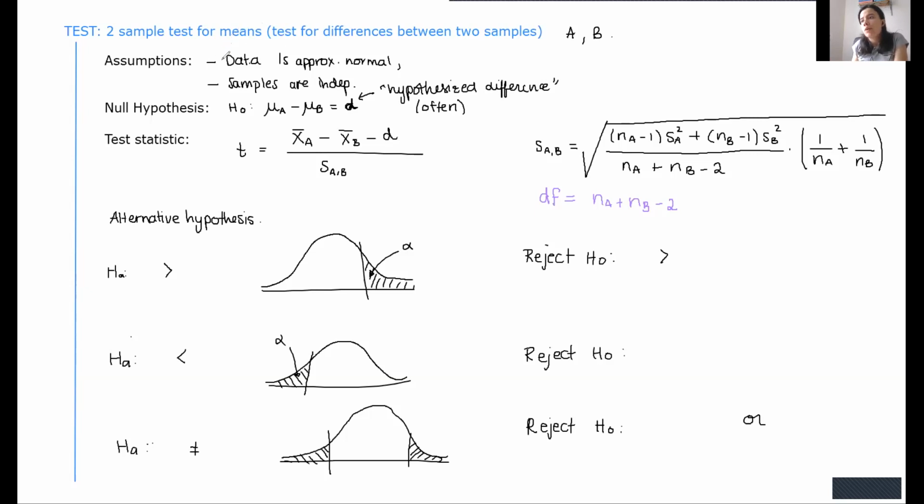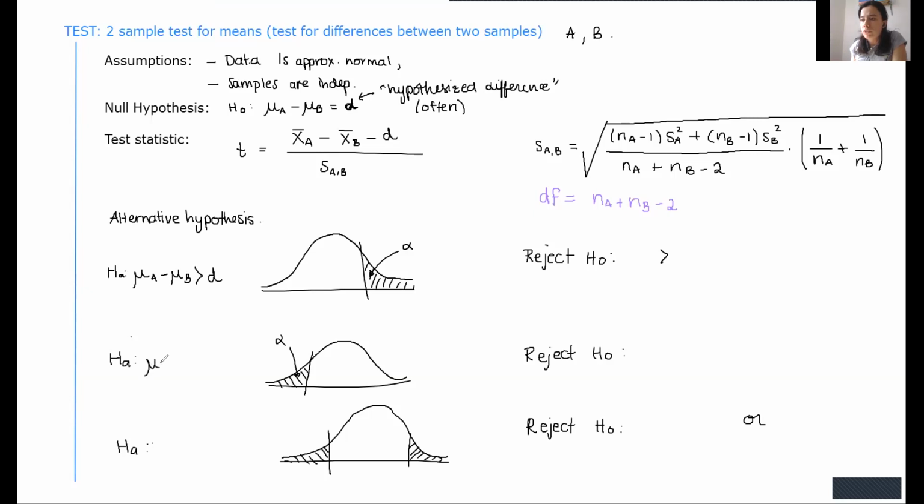All right, so what we're trying to determine is whether there's a difference between mu A and mu B, whether that difference is larger than D, smaller than D, or different than the value that we hypothesized it was equal to. And so we have different alternative hypotheses, which are mu A minus mu B. So maybe I'm trying to contradict that it's equal to D by saying it's actually larger than that number.